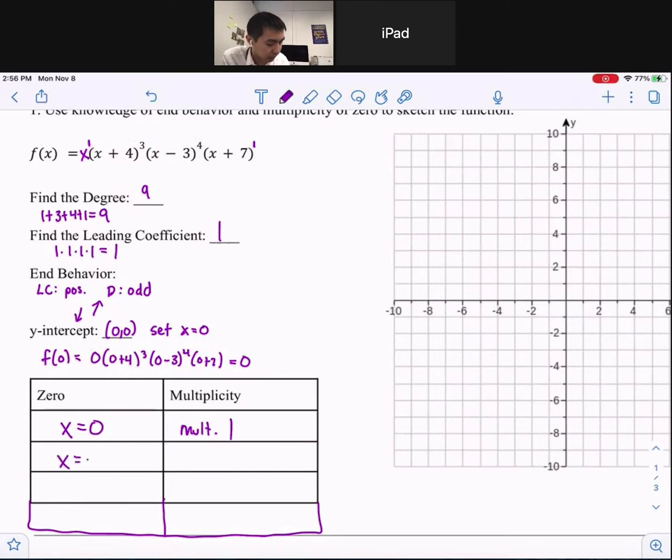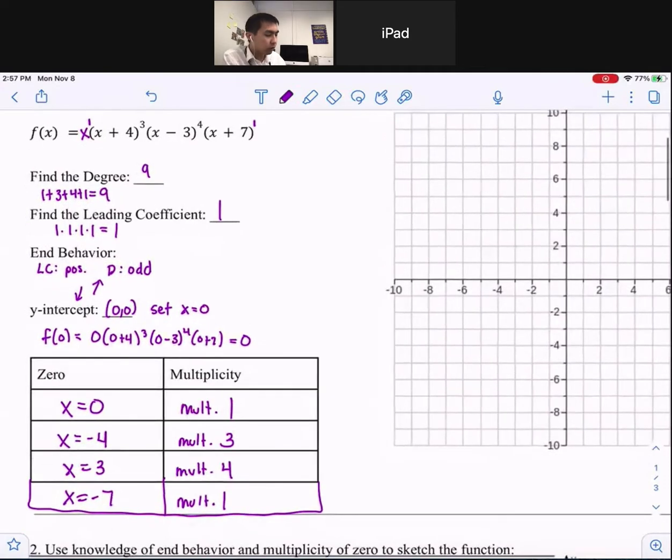So x equals -4, multiplicity of 3, because the degree is 3. What would make this whole thing go to 0? If x was equal to 3. So x equals 3, multiplicity of 4. And lastly, what would make that 0, if x was equal to -7, multiplicity of 1.